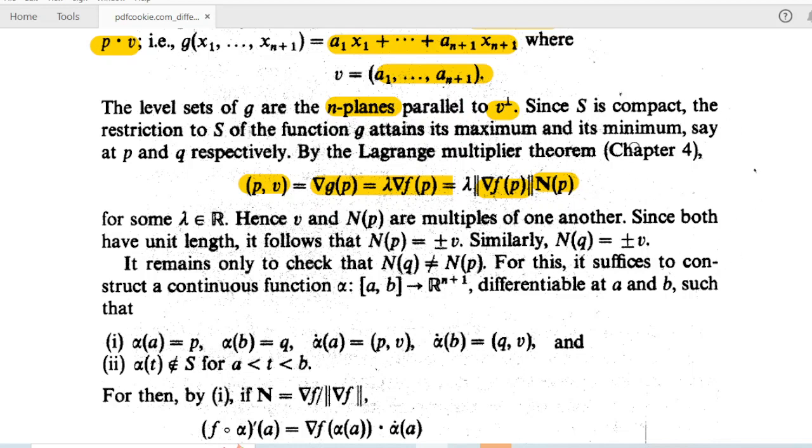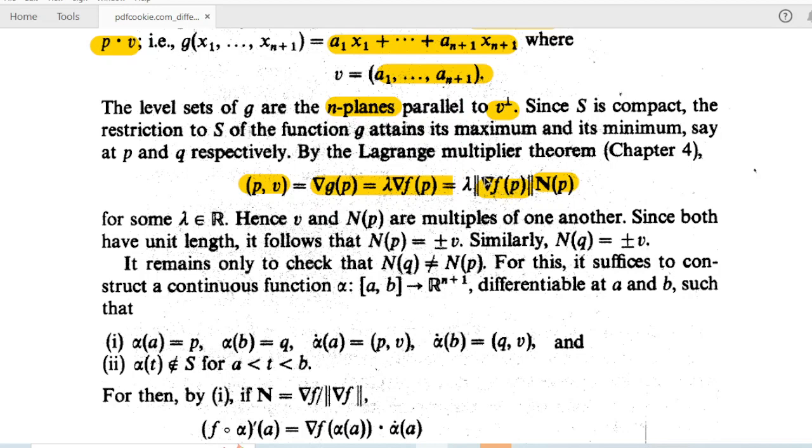So when we consider the norm on both sides, the norm of V on the left side is 1, and on the right side the modulus of lambda times the norm of nabla F of P into the norm of N of P, and since the norm of N of P is 1, it cancels. We get that lambda into this norm is equal to 1.